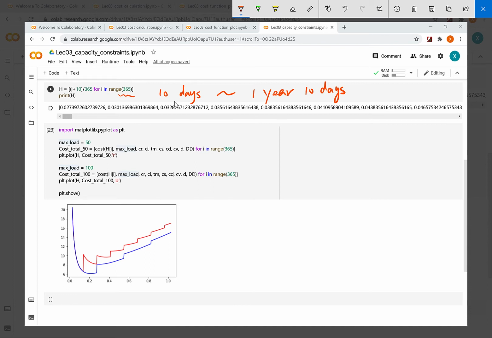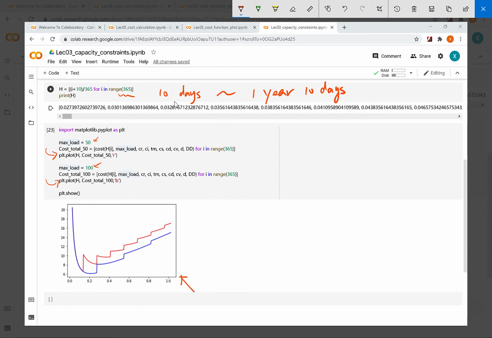Under these settings, we consider 2 possible max loads, one is 50, one is 100. The first result uses the red color, indicating the cost curve under max load 50. The next curve, the blue curve, shows the cost curve under max load 100.